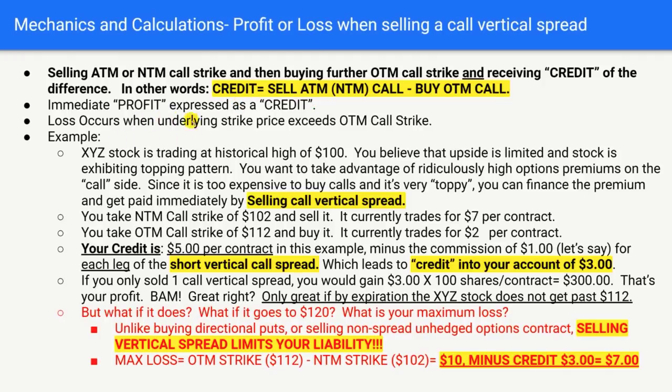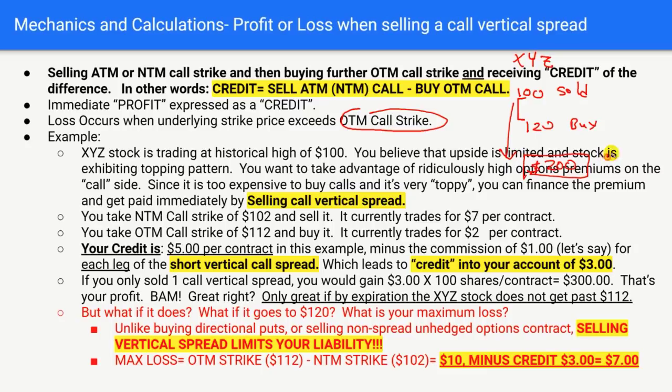Now, loss occurs when the underlying price exceeds the out of the money call strike, meaning you have your spread here. You sold here, and then you bought here, right? What happens if XYZ stock goes to 200?